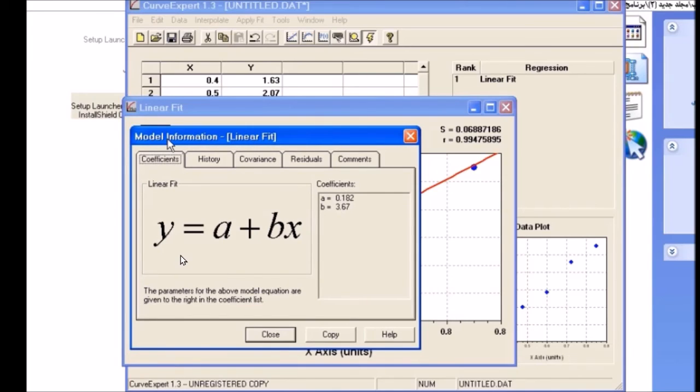Yeah, this is the relationship between t square and L, where B is the slope.